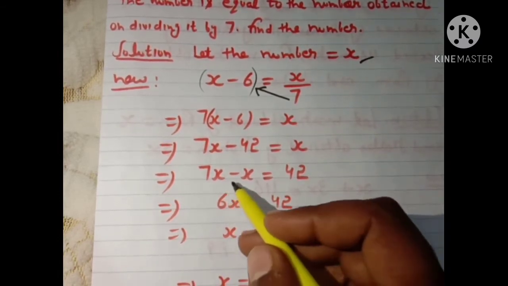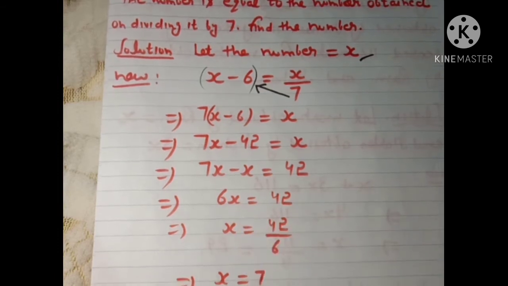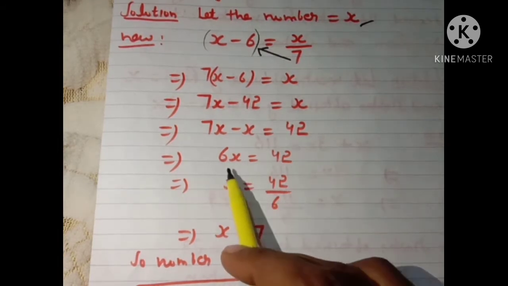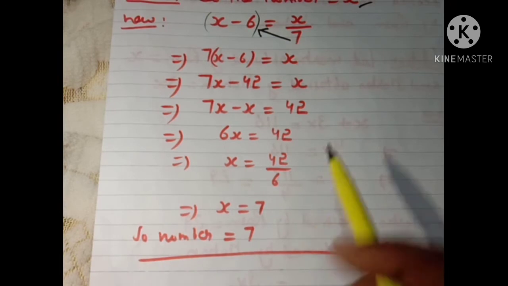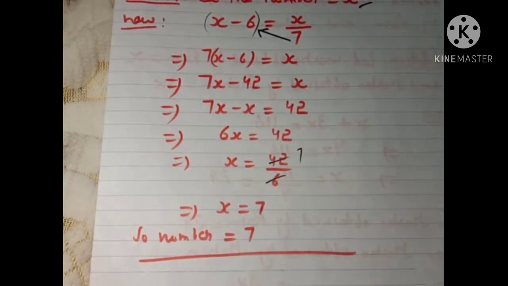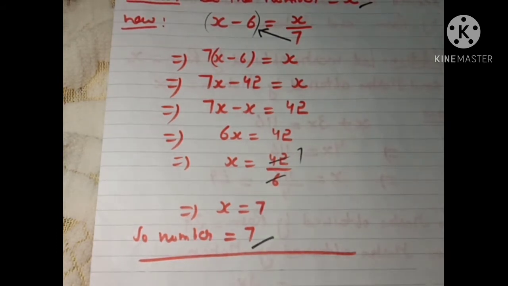Now 7x minus x becomes 6x is equal to 42. At the end of this sum we take this 6 to the denominator, then after division x is equal to 7. So the solution is 7. So the number is 7.